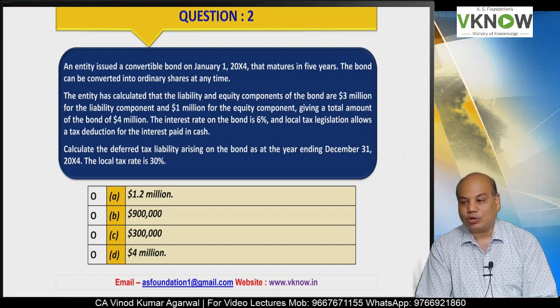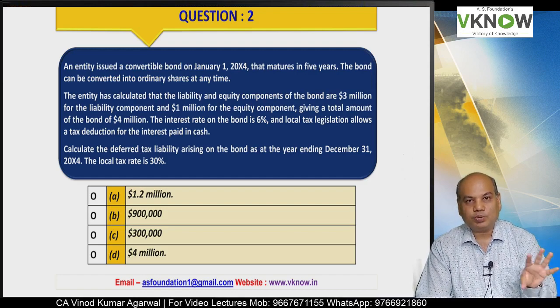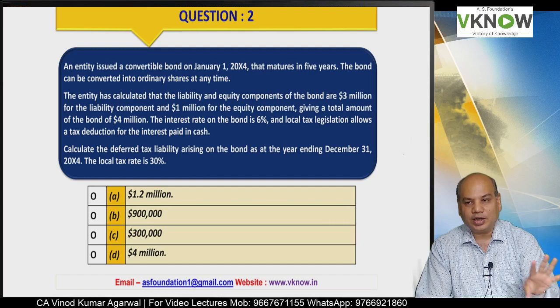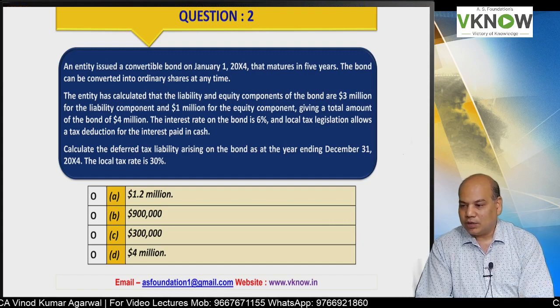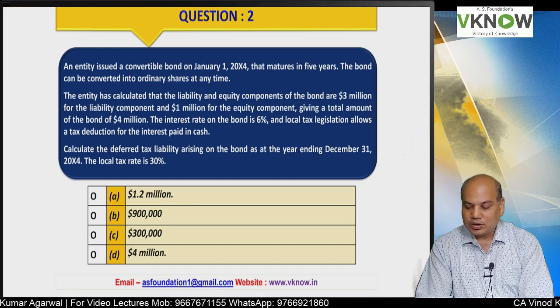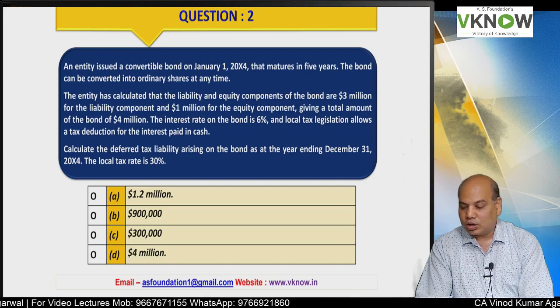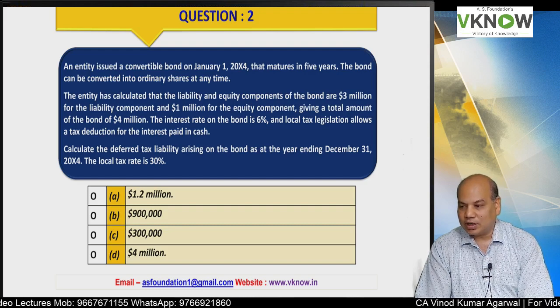So this is a compound instrument and they have bifurcated the total proceeds into liability and equity components as 3 million and 1 million, giving a total amount of bond of 4 million. Interest rate on the bond is 6% and the local tax legislation allows a tax deduction for the interest paid in cash.